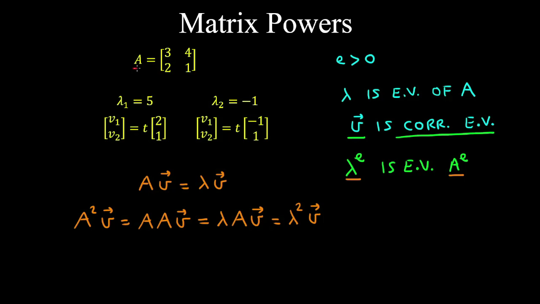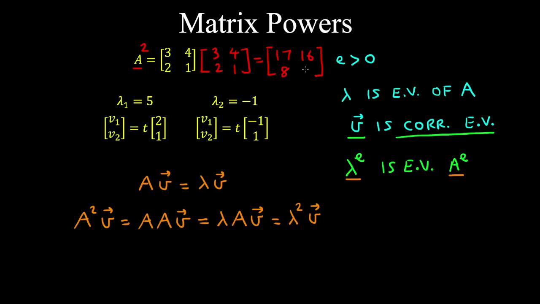So in our case here, if we square A, we're just multiplying A by itself. So we get 9 plus 8 is 17. 12 plus 4 is 16. And 6 plus 2 is 8.